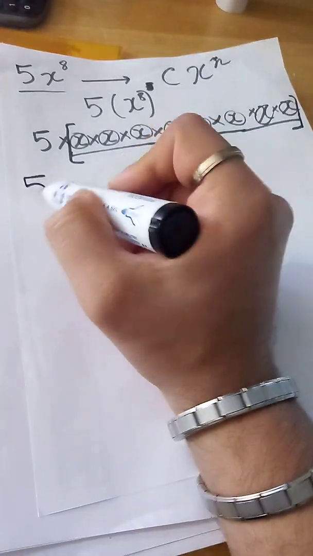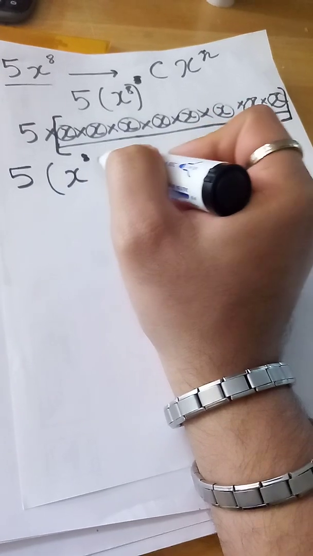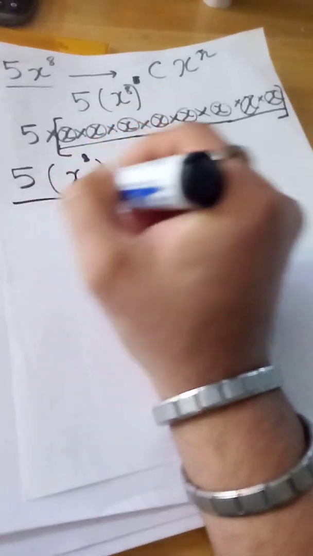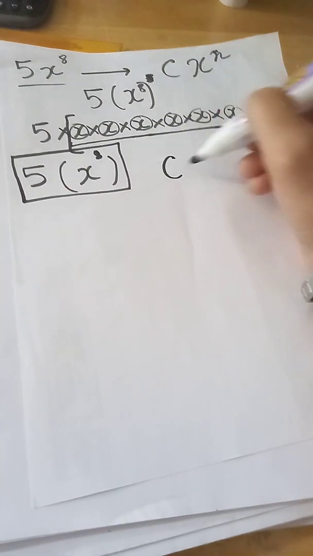So that's 5x to the power 8. That's how things are. We could also write it as c times x to the power n.